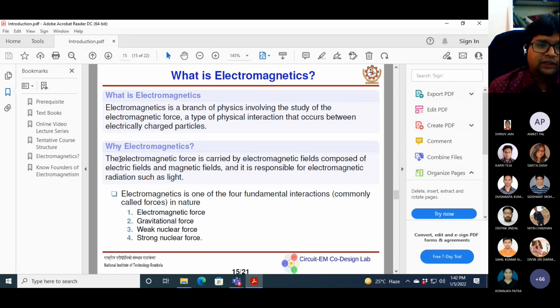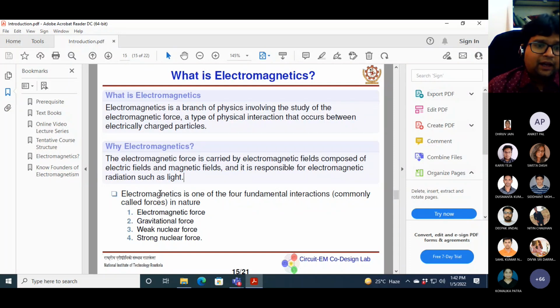The electromagnetic force is carried by the electromagnetic field, composed of the electric field and the magnetic field, and it is responsible for electromagnetic radiation such as light. So light is basically an electromagnetic wave or electromagnetic radiation.